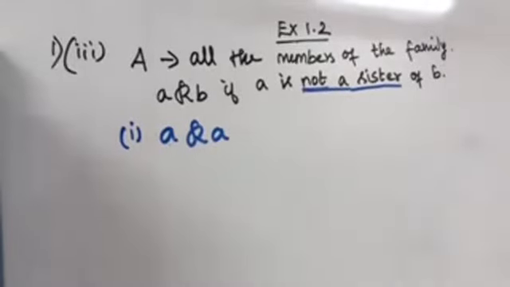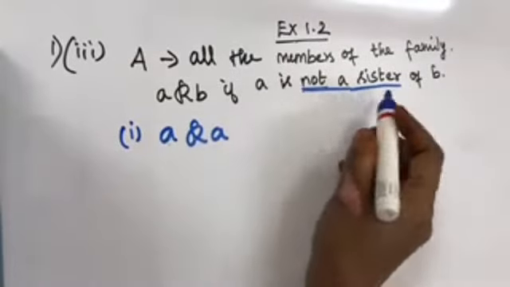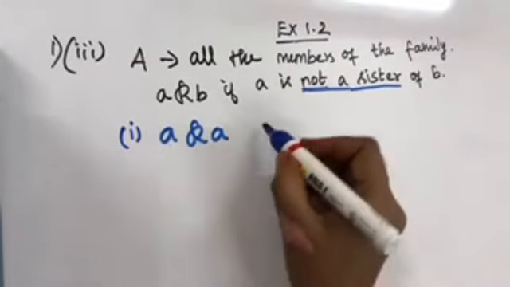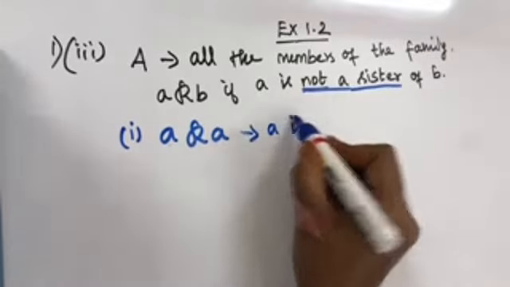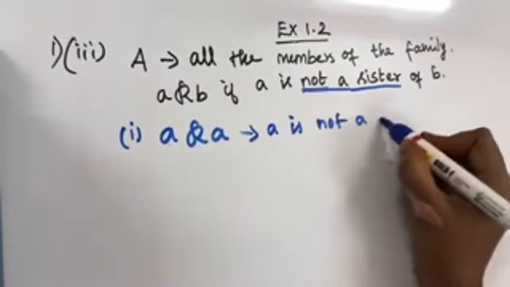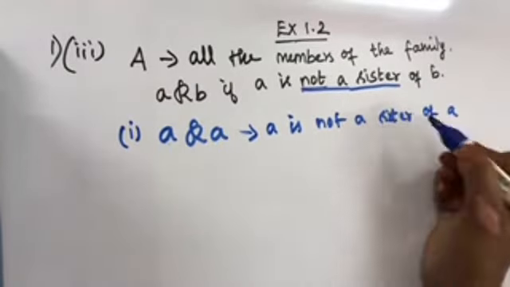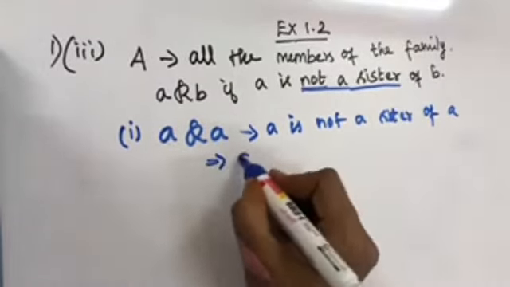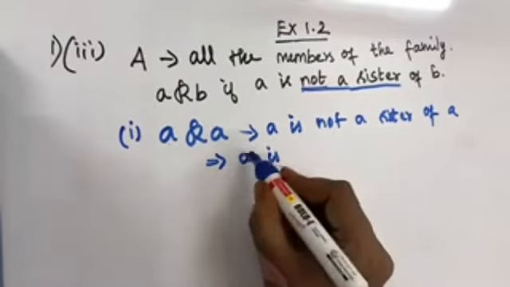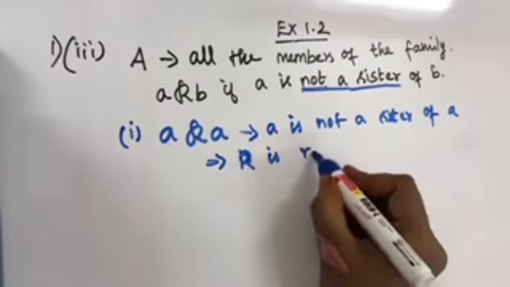Right. So A is not a sister of A. So R is reflexive.